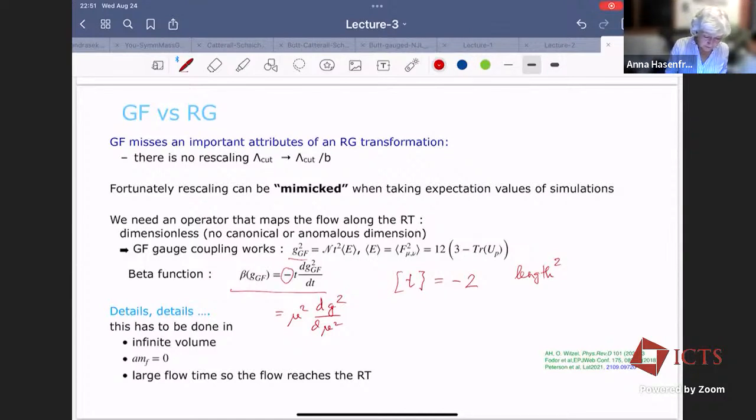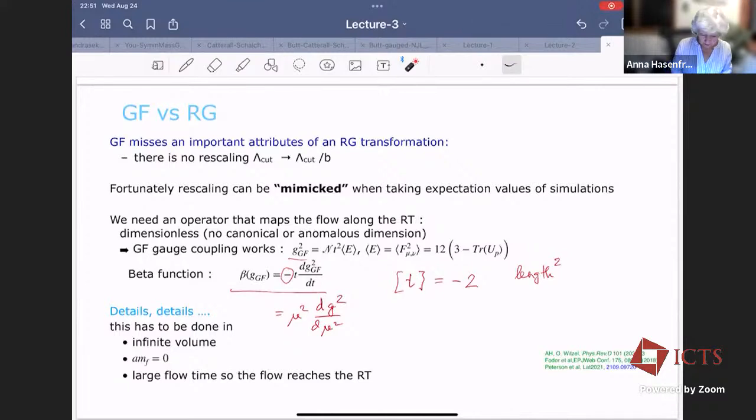Of course, the devil is always in the details, and in the lattice calculation, those can be serious. One has to do infinite volume, zero mass, because we cannot afford another relevant operator in the system. And one more thing, we need to have large flow time, otherwise we won't reach the renormalized trajectory.